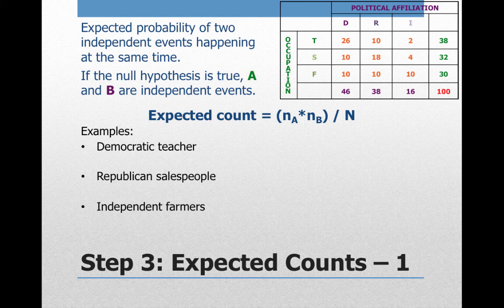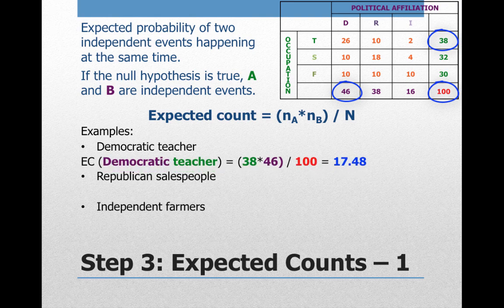Well, how many Democrats do we have in our sample? 46. And how many teachers do we have in our sample? 38. So that's your numerator. Simply the sample size of each of these two groups, Democrats and teachers, multiply those two and then divide it by your total sample size, in this case 100.